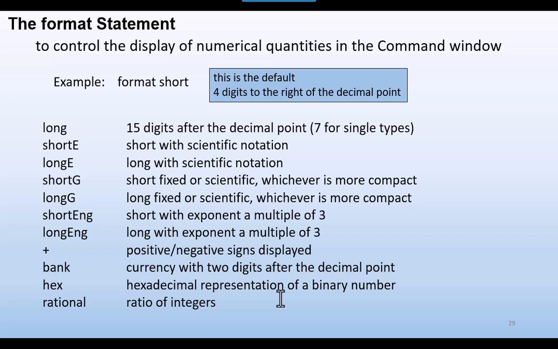We are typically satisfied with short or short E or something like short G or ENG, which will use the short format but will use scientific notation when the number gets too big or when the number gets too small. Otherwise, it will just show the number. So that's what those look like.